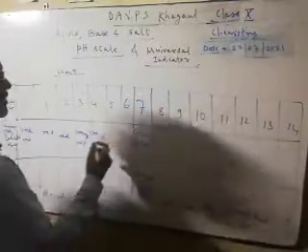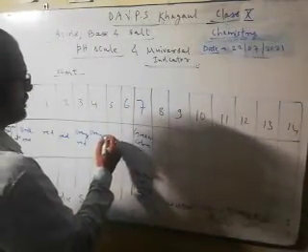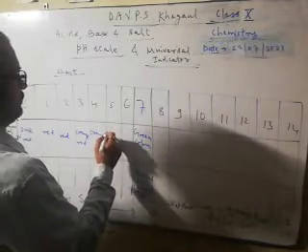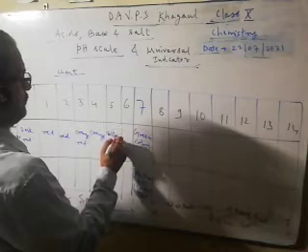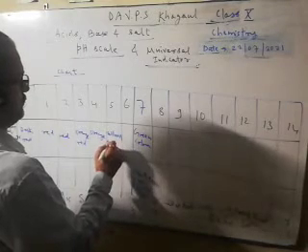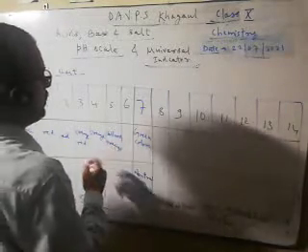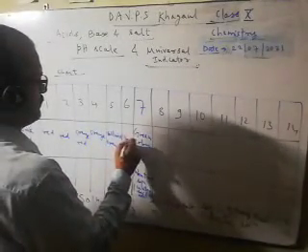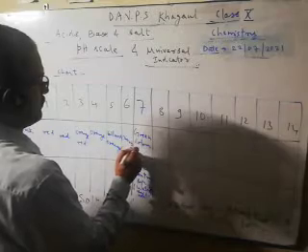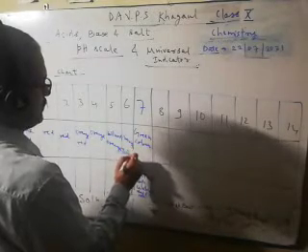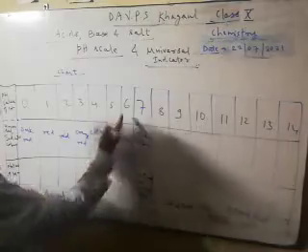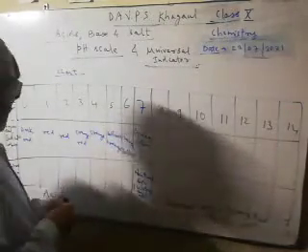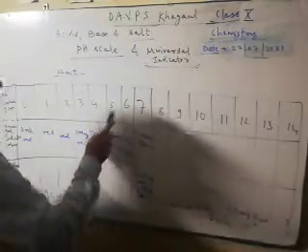For 5 it is yellowish orange. For 6 it is greenish yellow.